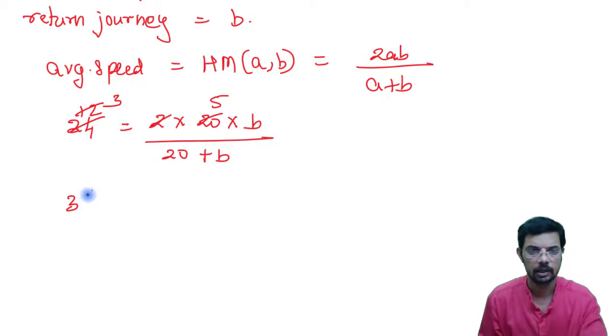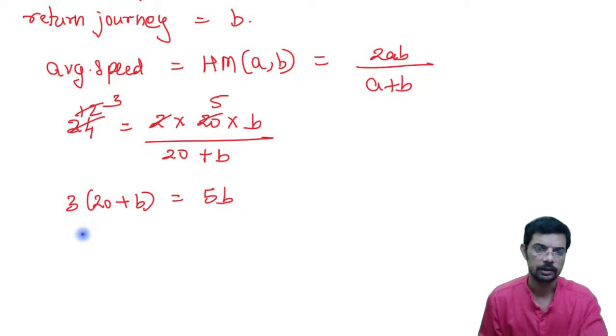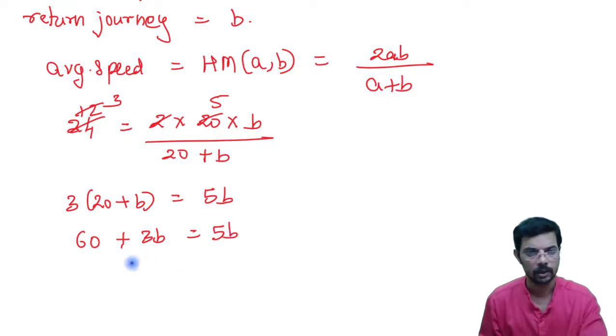So we have 3 into 20 plus B equal to 5B. Okay. So 3 times 20 is 60 plus 3B will be equal to 5B. Okay. So 5B minus 3B is equal to 2B. 2B will be equal to 60.